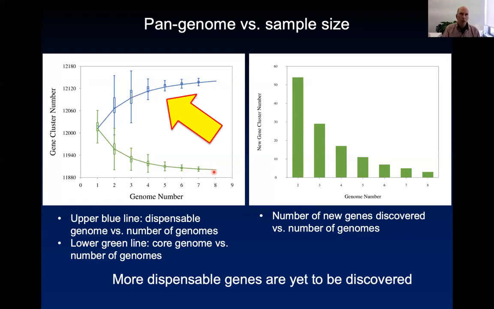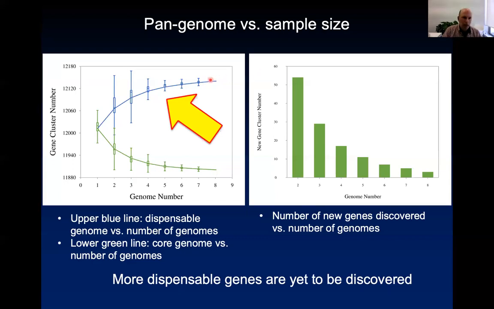So now we have genome sequences for 20 graminicola isolates, and we're repeating this analysis now, and it'll be interesting to see if this line levels off, or if it continues to increase. If it levels off, it would imply that we have what is called a closed pan-genome.